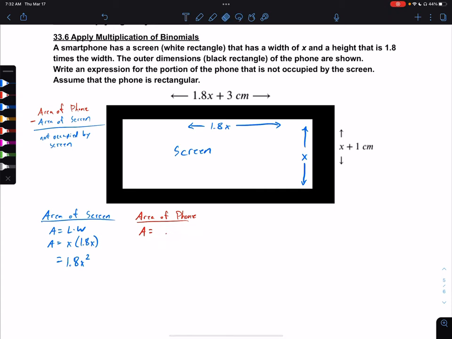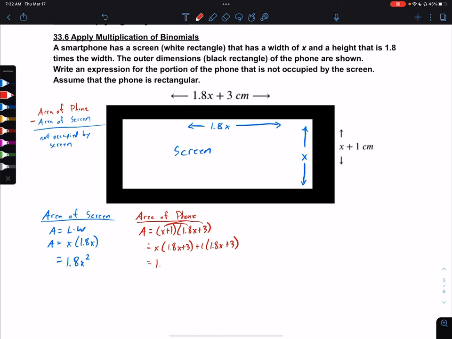I'm going to put the x plus 1 term first. So I'm going to say x plus 1 times 1.8x plus 3. So I distribute: I would do x times 1.8x plus 3, and I would do 1 times 1.8x plus 3. This x will get distributed and the 1 will get distributed.